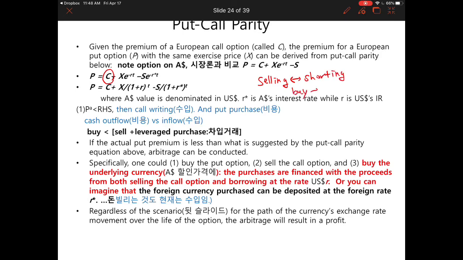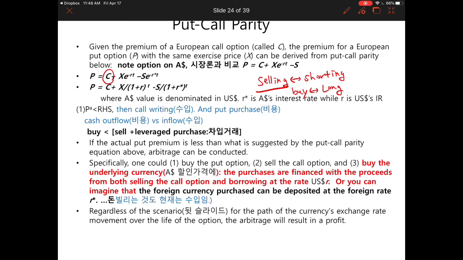Buying corresponds to long. So if we bought one call option, we say you constructed one long call position. If you sold one call option, we can say you constructed one short call option position. That's how we use the terminology used in the investment class, right?